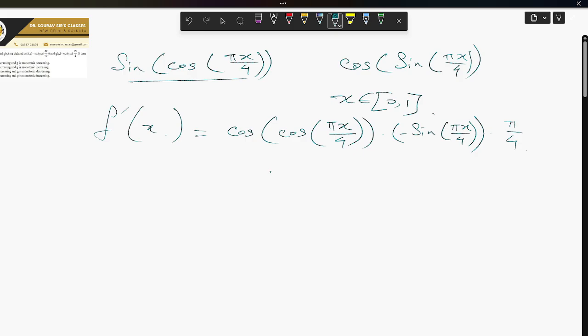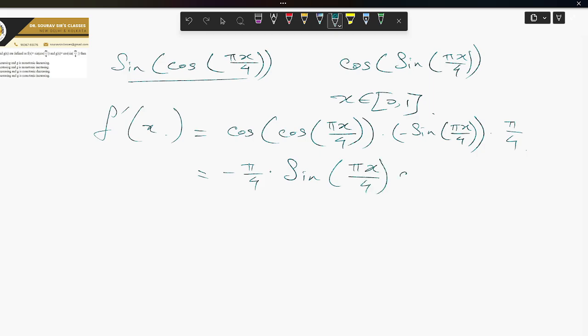We are using the chain rule of derivative here. So that will be minus π/4 into sin(πx/4) into cos(cos(πx/4)).